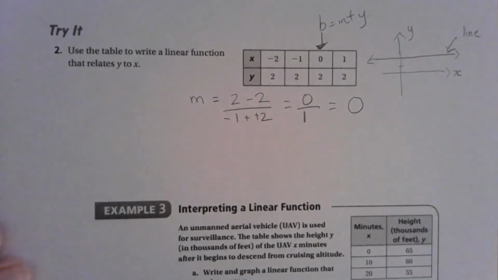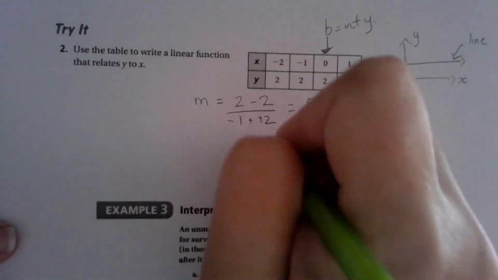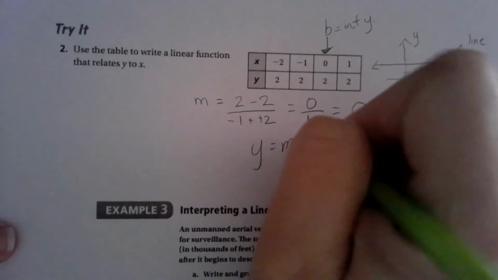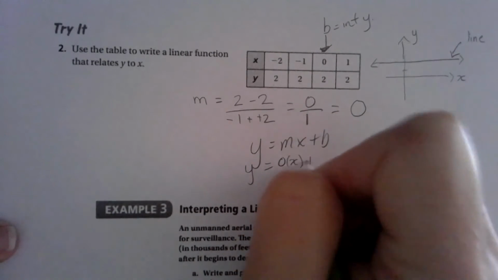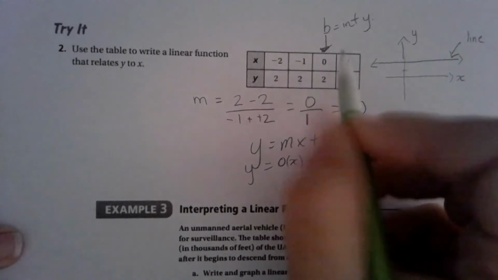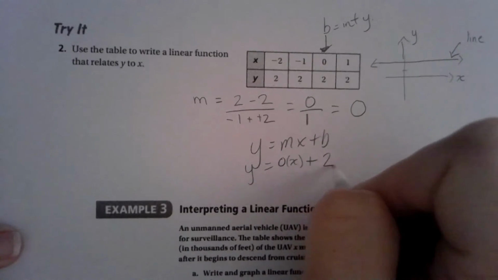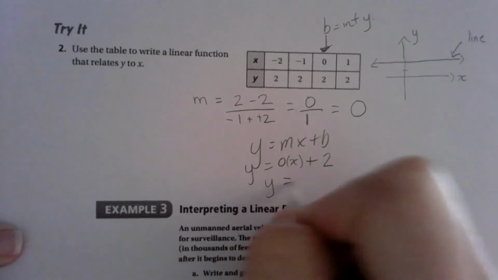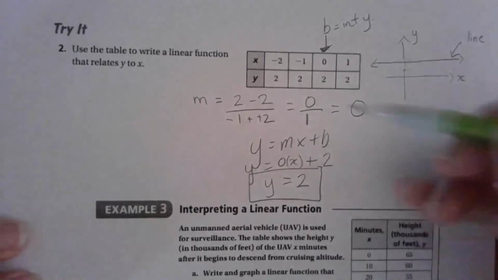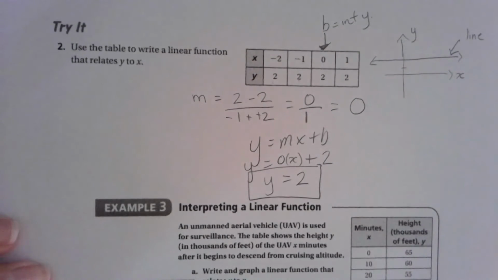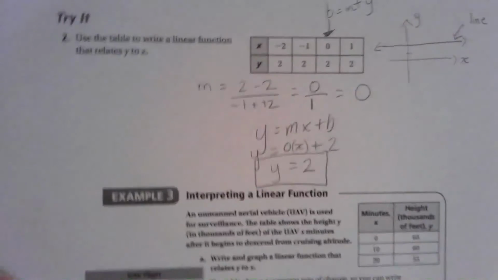All right, so writing the linear function, y equals mx plus b. If we put in 0 here for x, the y-intercept is 2. y equals 2 is the linear function that relates to this table. Makes sense? Okay, moving on.